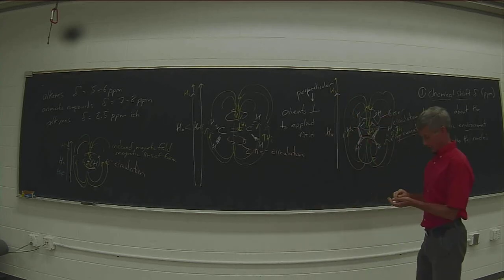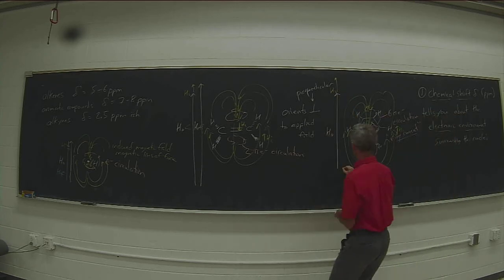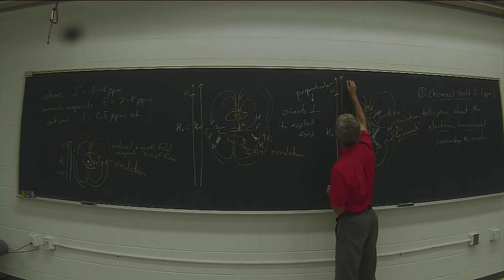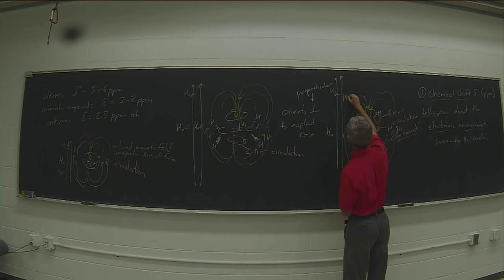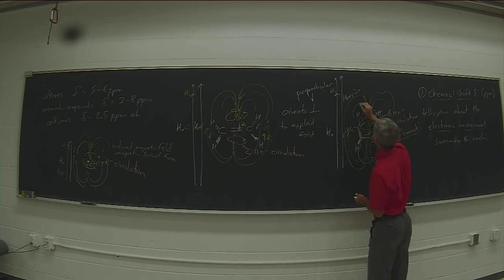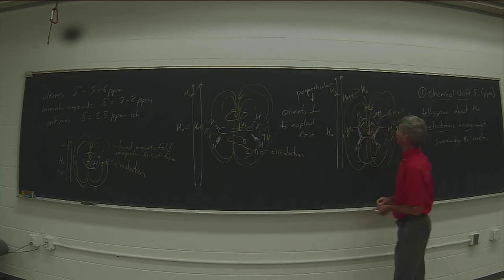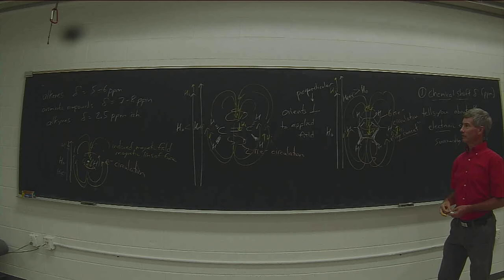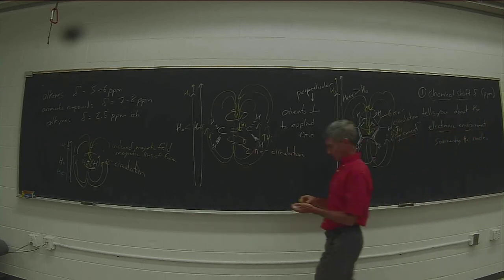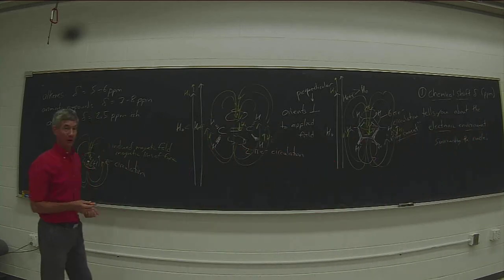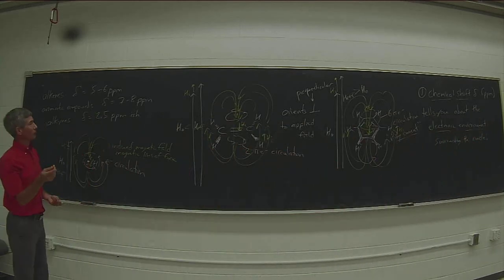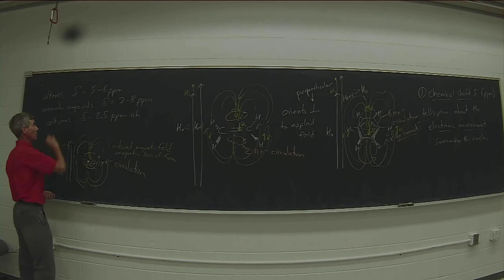So we should expect to see a larger effective magnetic field. And that effective magnetic field is going to be significantly greater than H naught. So it makes sense that 6 pi electrons circulating in a ring would cause a greater induced field and a greater amount of deshielding relative to 2.